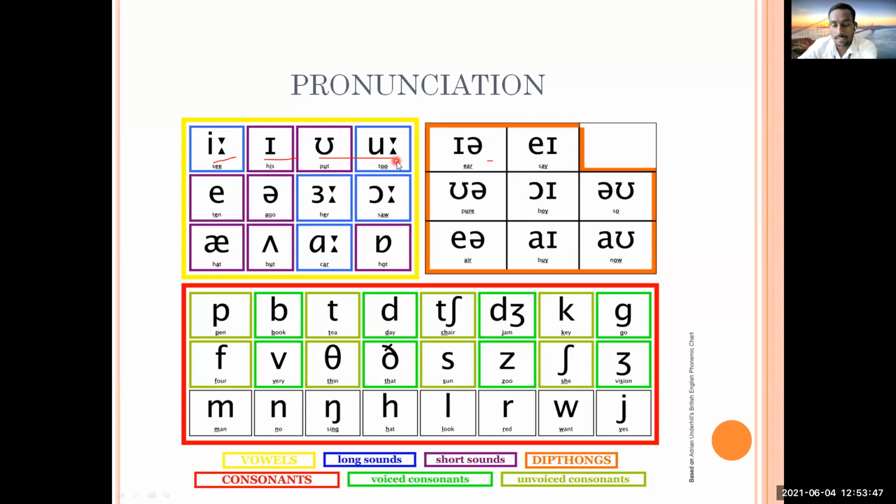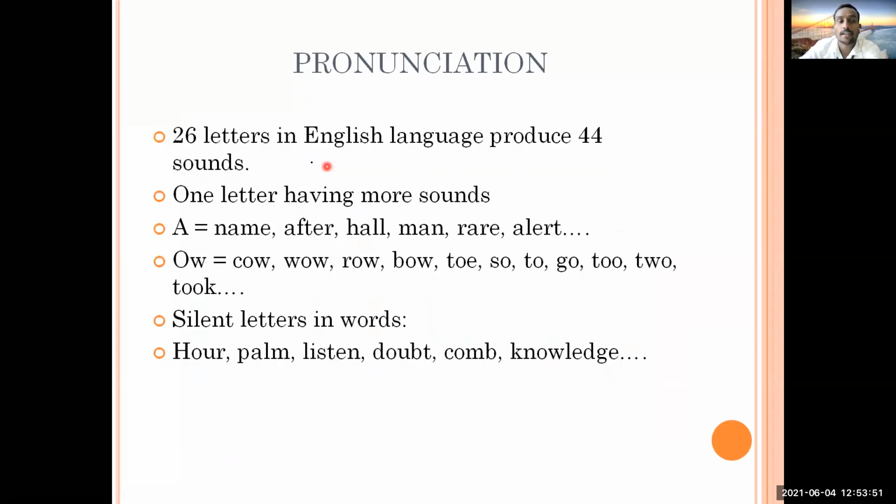After this, we will discuss again. On the next slide you will see that there are 26 alphabets, 26 letters in the English language, but how many sounds do they produce? They produce 44 sounds. Have you done this or not? Let me know. Do you remember anything?